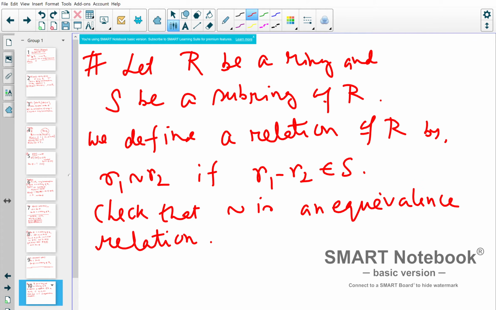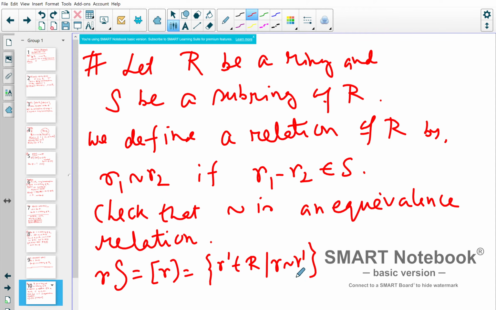So now we define this. The symbol is the equivalence class of R, which is all those R dash belonging to R such that R is related to R dash. What does that mean? That means R minus R dash is an element of S, right?